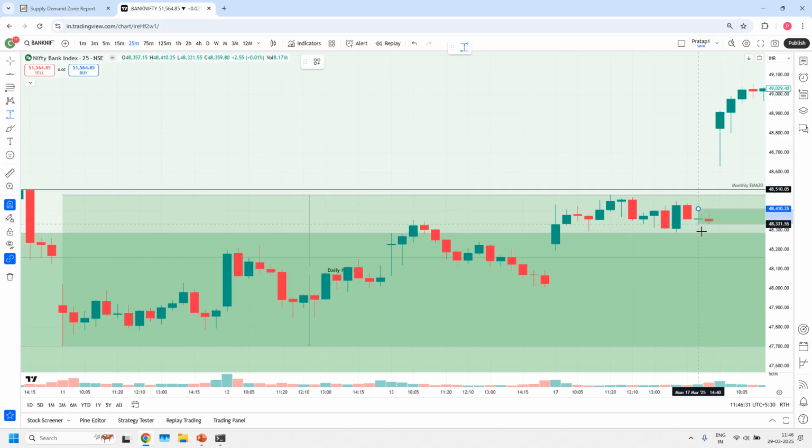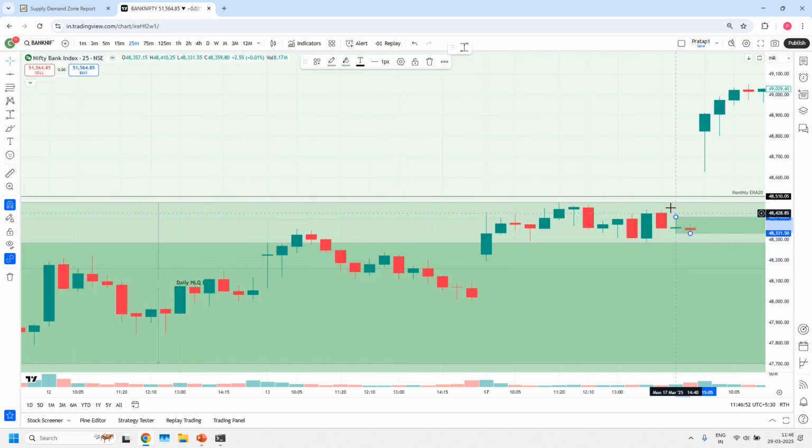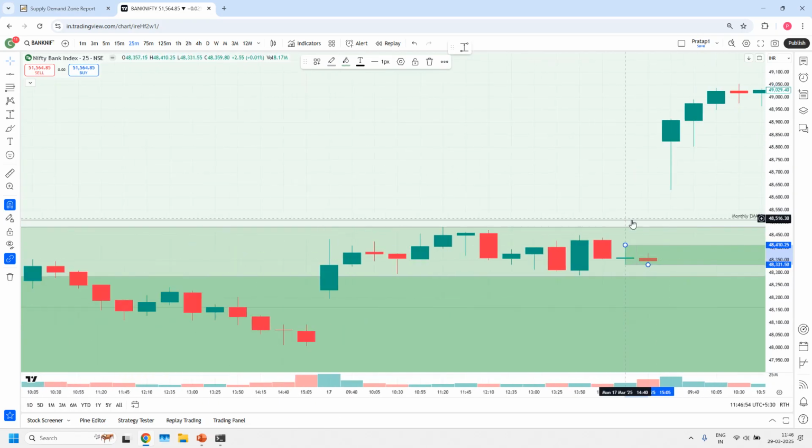Drop, base, rally. What is the low? 48, 331.55. This low? 48, 331.50. This is 331.55. So this is the lowest candle.